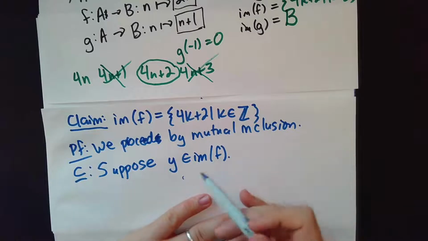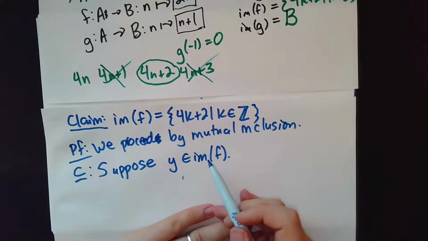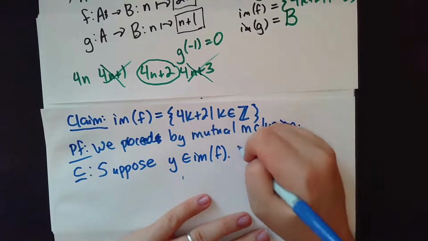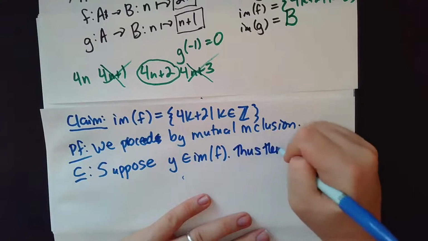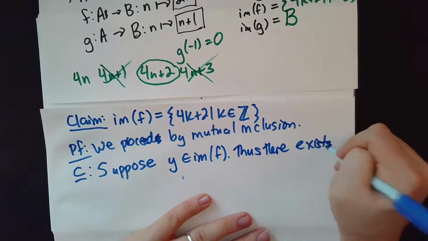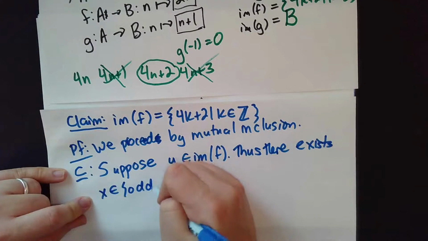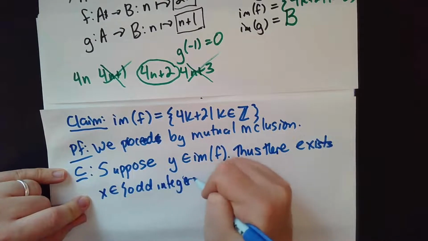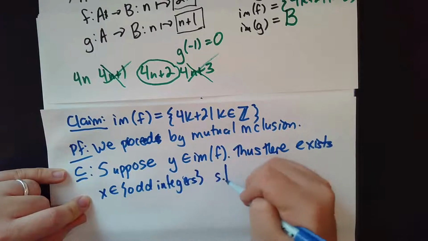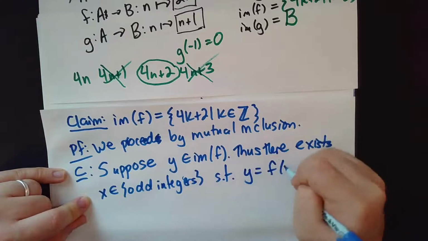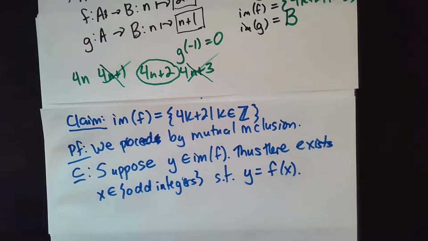And here's where we get to play our usual game of unwinding definitions. What does y is in the image of f mean? That means that there exists x in the set of odd integers such that y is f of x. That's just the definition of being in the image.